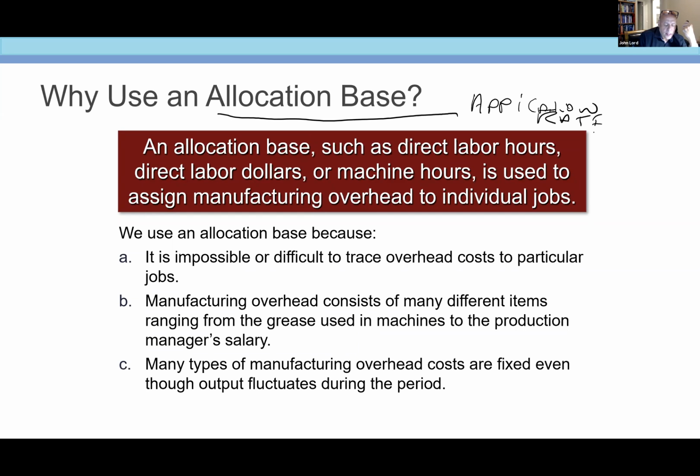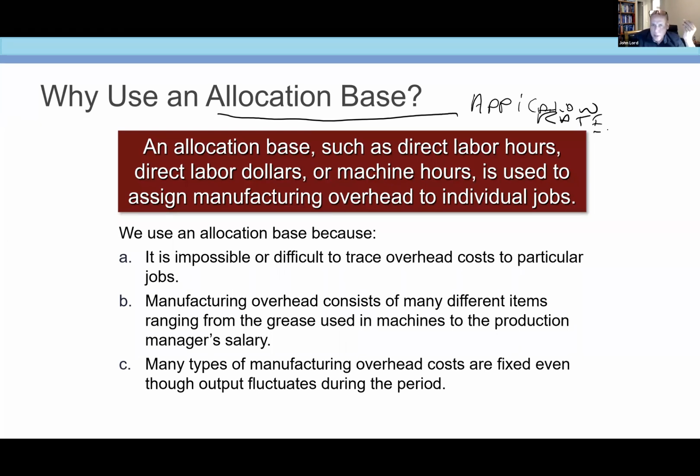I wouldn't call it an allocation base as much as I would call this an application rate. What we're going to do is apply our cost on this job to the job cost sheet and then to work in process as we actually incur whatever the driver is of our overhead.